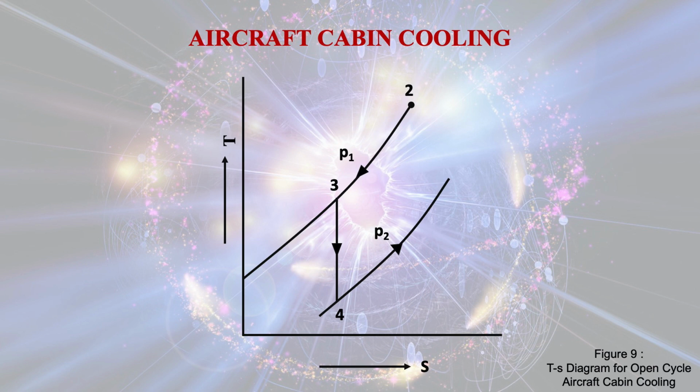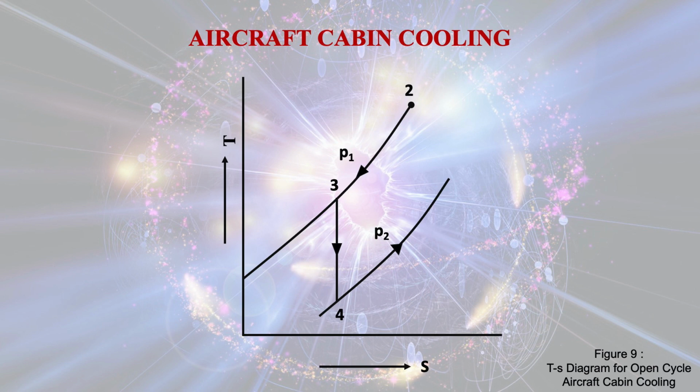This diagram is the TS diagram, that is the temperature entropy diagram. So you see that point 3 to 4 is the expansion process inside the turbine or the expander, and during the expansion the temperature drops down to a very low temperature.